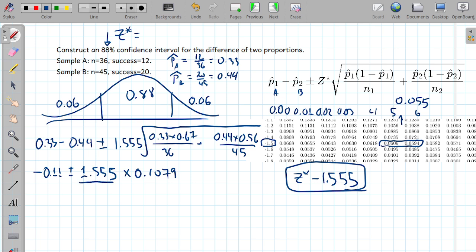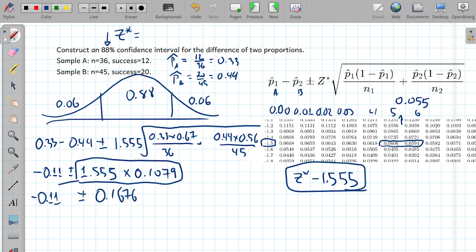Now, this is our standard error, which we need next. 0.1078, I rounded that, and then 1.555. Margin of error is 0.1676. And this is negative 0.11. There we go.